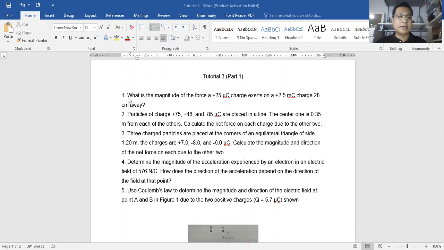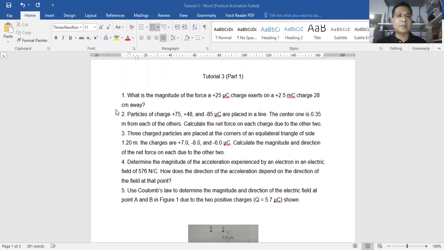Okay, we will go directly to the first question. What is the magnitude of the force a positive 25 microcoulomb charge exerts on a positive 2.5 microcoulomb charge 20 centimeters away?